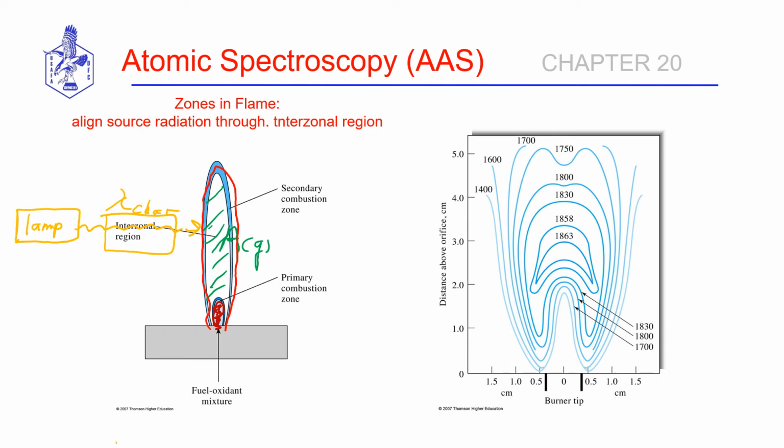That's where our analyte species of interest, A, is present in the greatest population in the ground vapor state. So that's a feature that you have to choose when setting up your instrument. You have to align your source lamp and where it's going to focus the radiation relative to the flame.